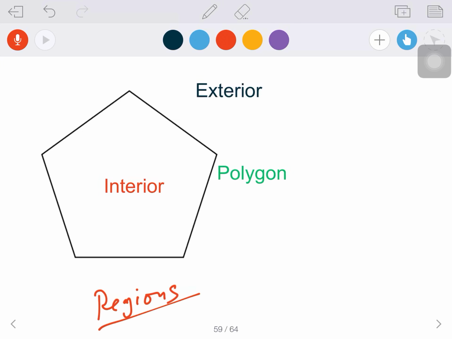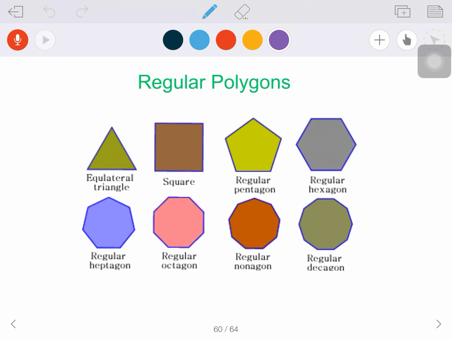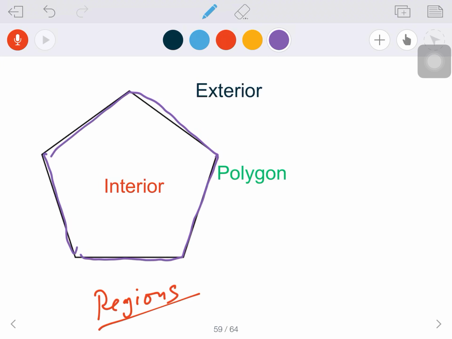And the region which is exactly on the polygon is this part here. Now, when we're talking about polygons, the region could either be moving inwards or not. This is the case of what we call concave and convex polygon.